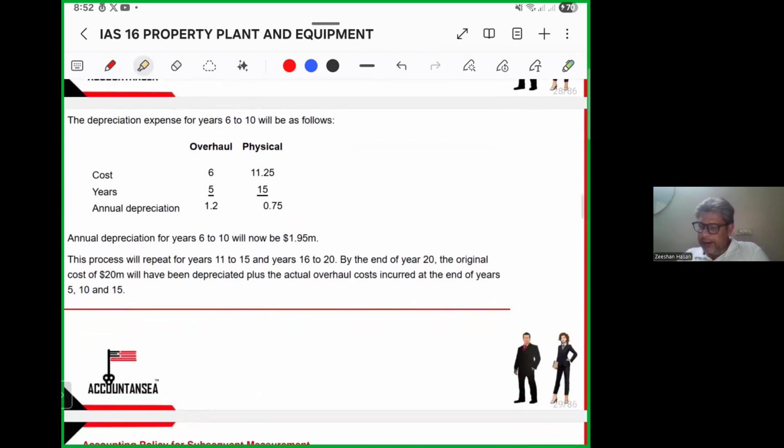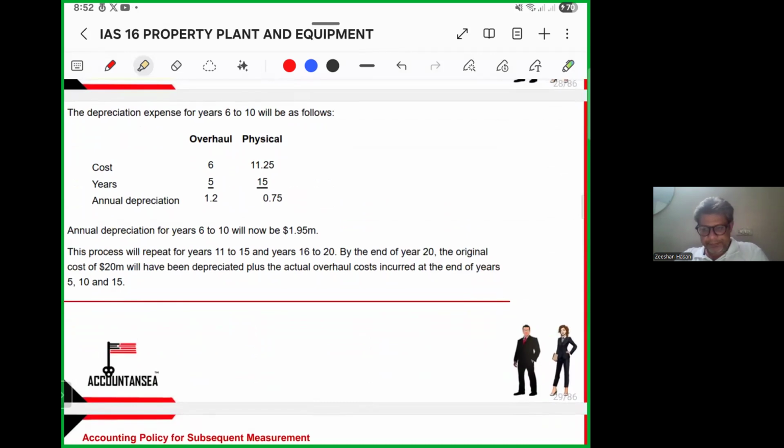And for the year 6 to 10, now again, cost 6 million. Here you can see, right? Years are 5. Annual depreciation, as you can see, 6 divided by 5, 1.2. Cost is, here you can say 11.5. The overall life is 15, so it is 0.75 again.